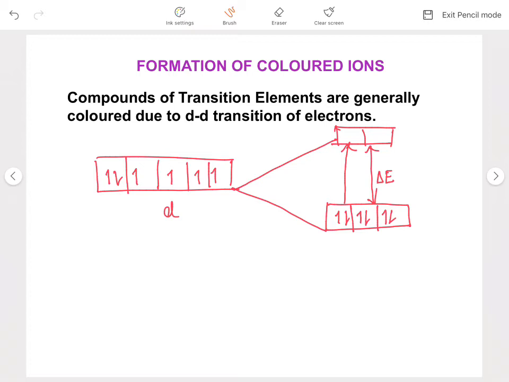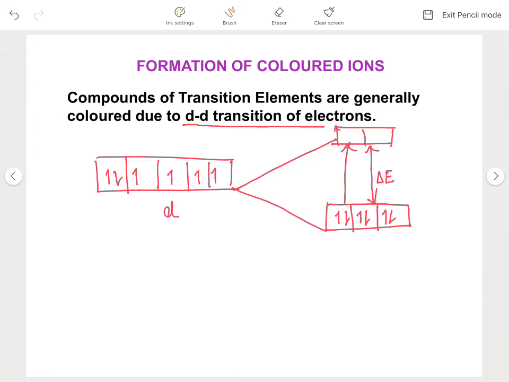So the term you need to remember is d-d transition of electrons. This is the key term. In the reasoning question you have to write this only, that due to d-d transition of electrons their compounds are generally colored. So this is one thing asked in exam.